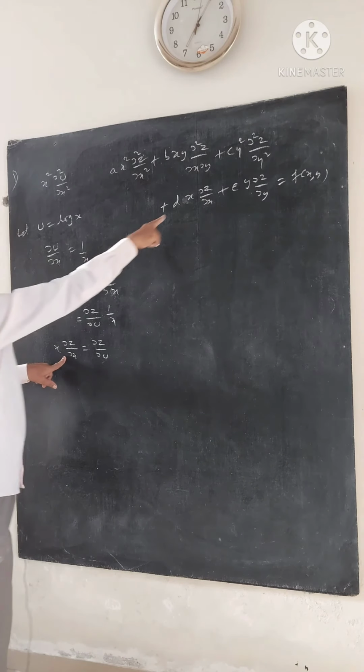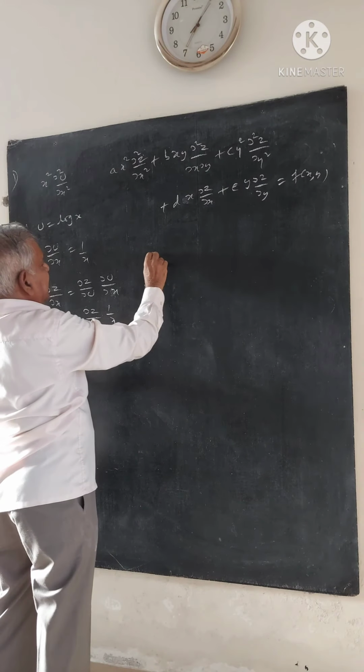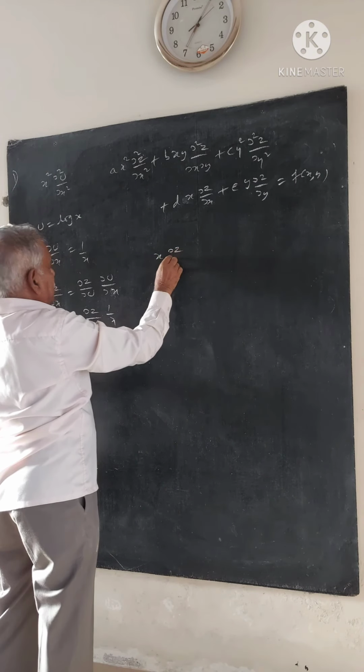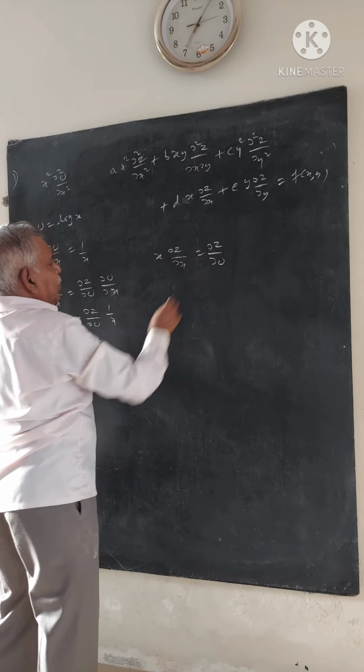For this, x ∂z/∂x is ∂z/∂u. Again, consider x ∂z/∂x equal to ∂z/∂u.